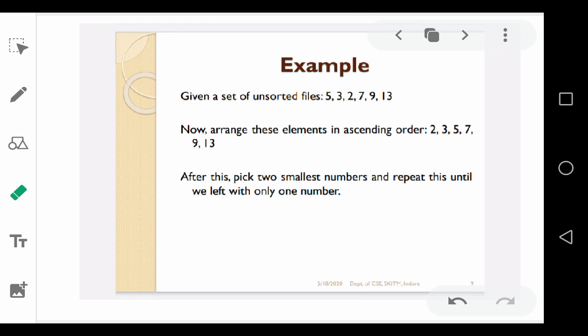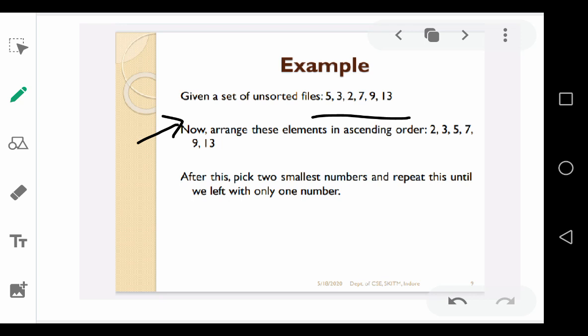Let us consider a simple example in order to understand how we are going to do the optimal merge pattern. Here we have a set of unsorted files. The first step is to arrange these elements in ascending order, or increasing order.